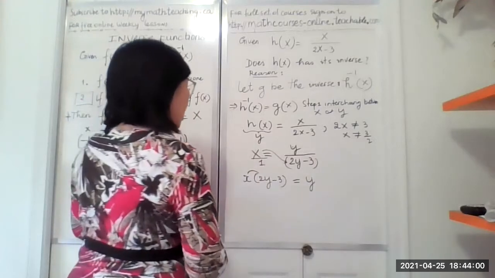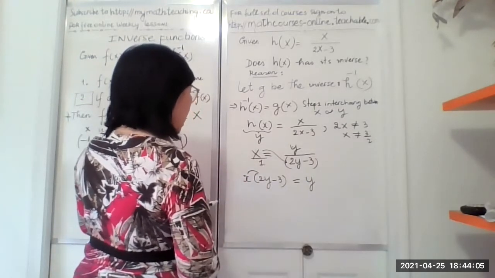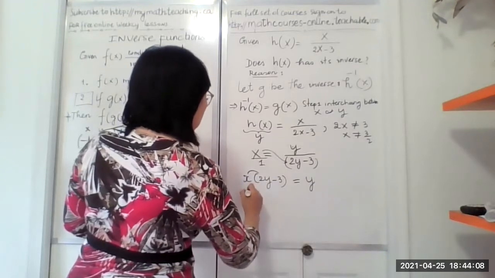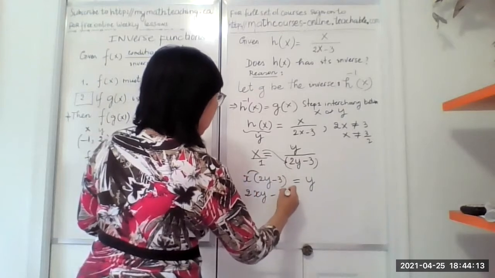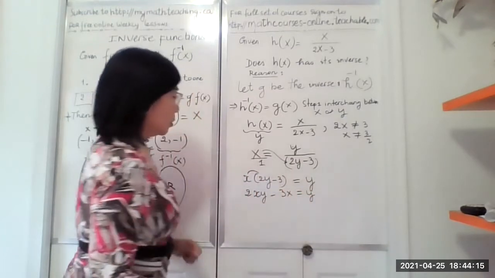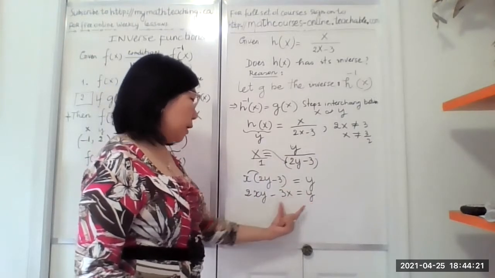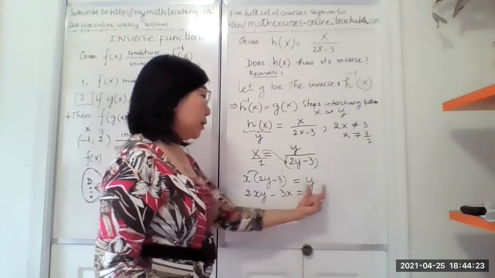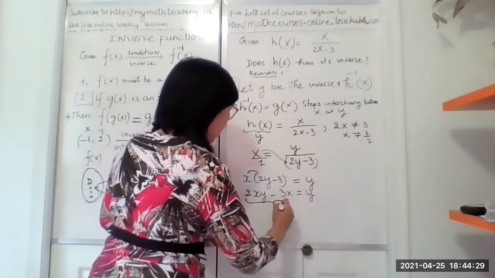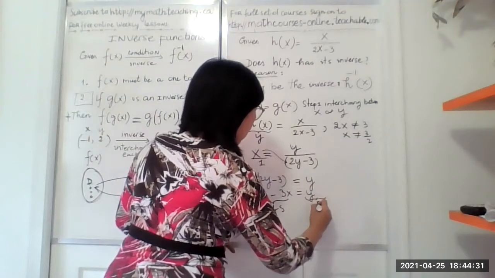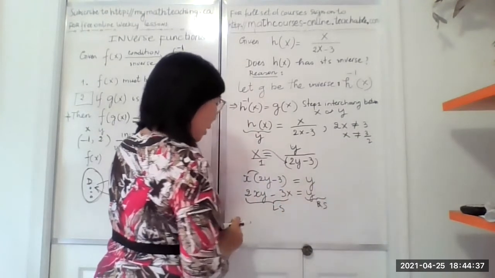Distributing in here, I will have 2xy minus 3x equals y. To solve for the y function, I am going to put the y terms together and separate the x terms to the other side, right? So this is the left side of the equation, and this is the right side. So I'm going to bring everything to the right for the y.